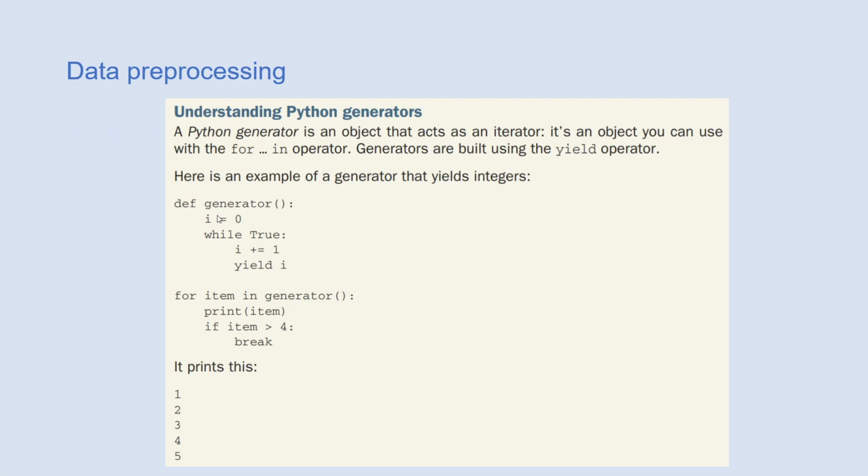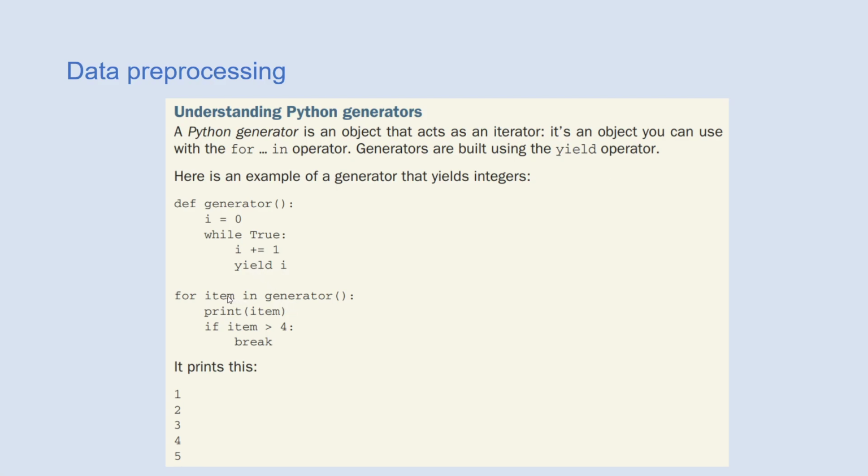Okay, I mentioned the image generator from Keras, but what is a generator? That is a Python concept, and it depends on the keyword yield, which is like a return, but it pauses the execution so that it can continue on the next call. So for example, you can use the generator as an iterator, and when you call it like this, it's going to call the function, go inside, compute i becomes 1, and return 1.